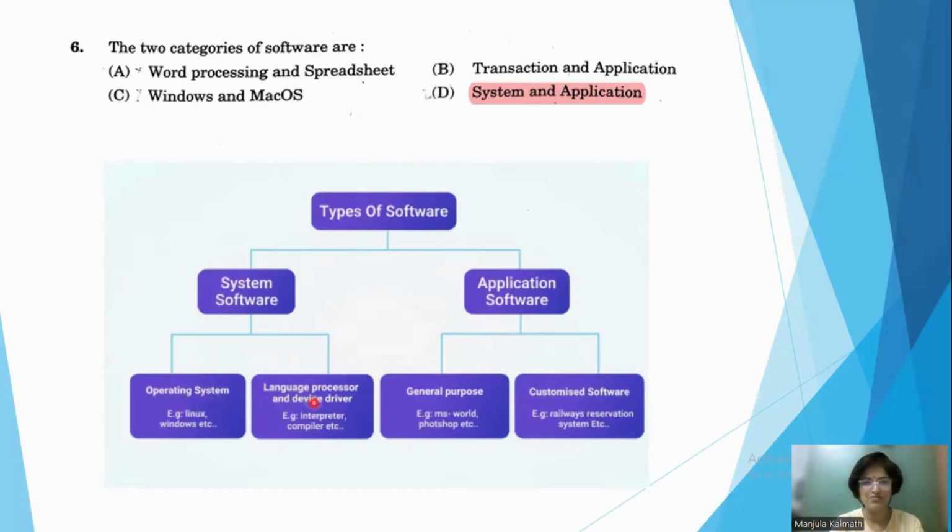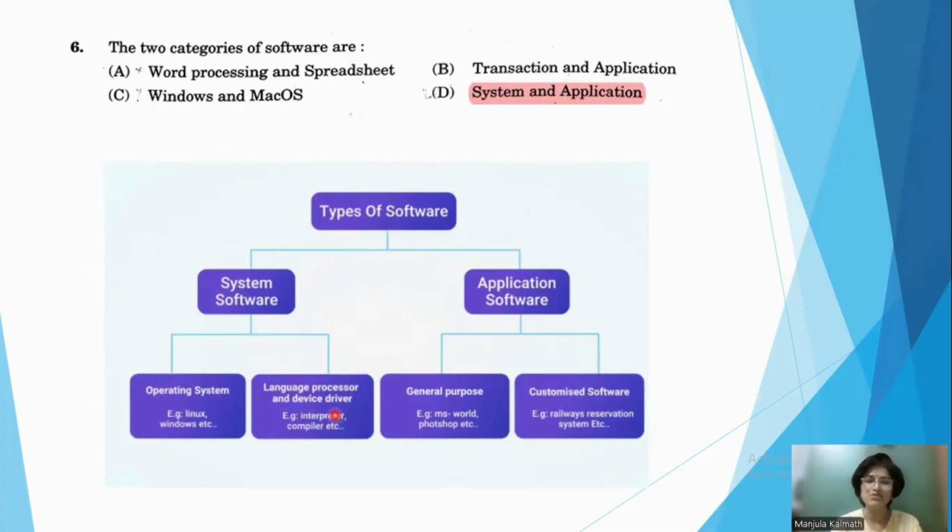Next we have language processor and device driver. Language processors are nothing but translators, which are conversion programs translating high level language to the respective machine level language. We have three types: interpreter, compiler as well as assembler.